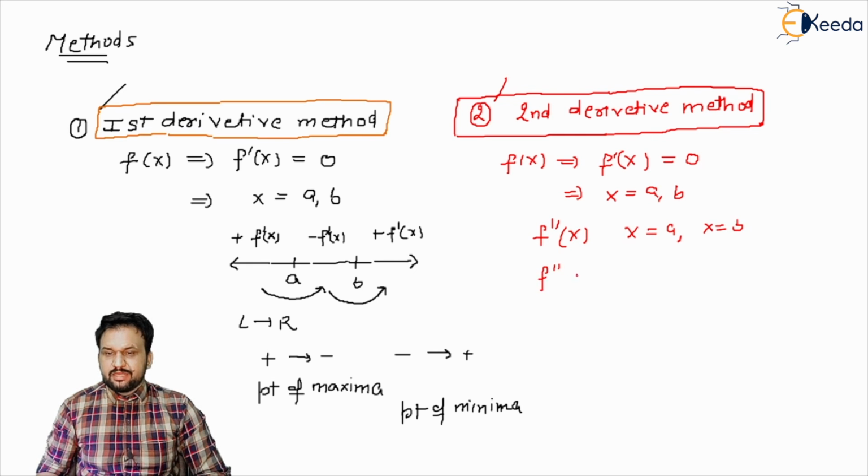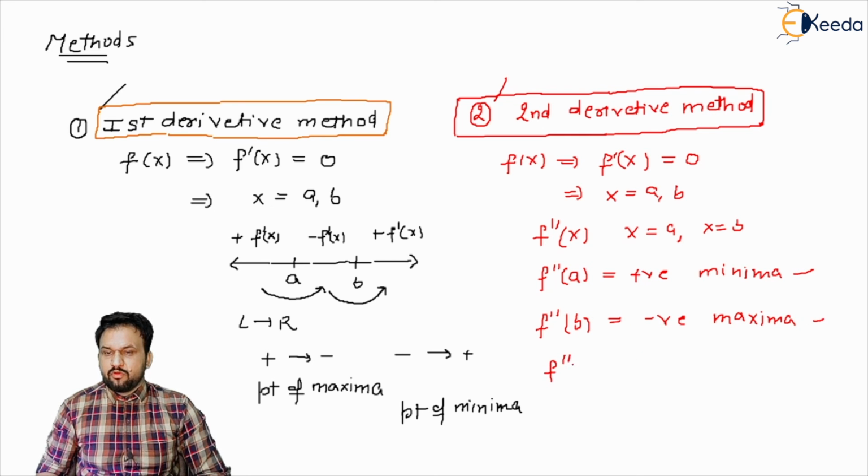If f''(x) at a gives you a positive result, this point is a point of minima, and if at some point like b it gives you a negative result, this is a point of maxima. A positive result of the double derivative means a point of minima, and a negative one means a point of maxima.